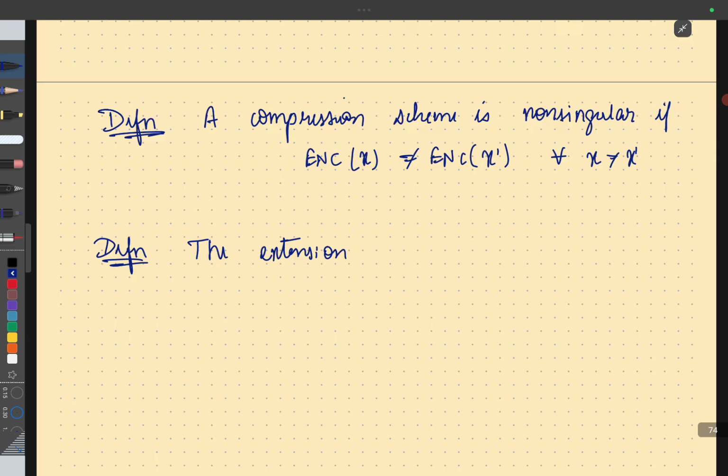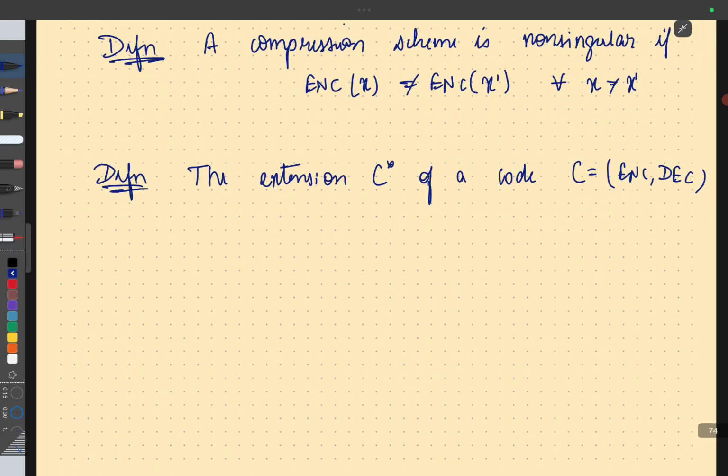The extension C star of a code. I'll refer to compression schemes and codes interchangeably, and whenever I say a code, it is just an encoder and a decoder. So I have a code over some alphabet x. The extension of this is simply obtained by concatenating the code words for the sequence of symbols.